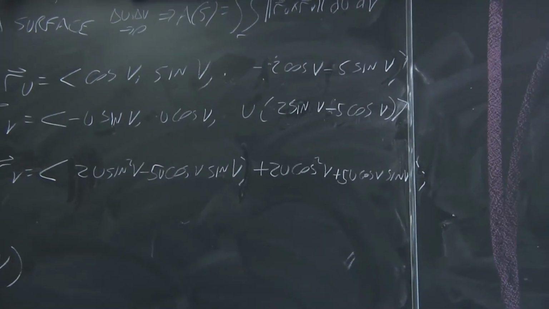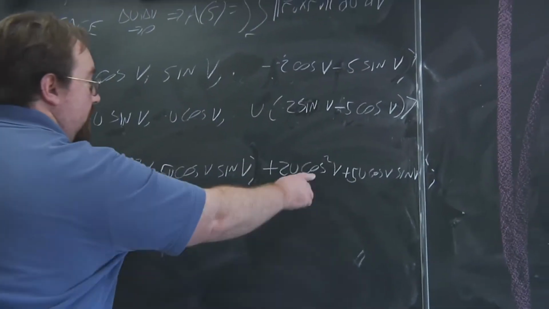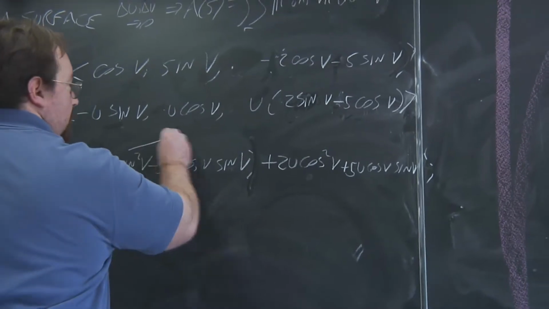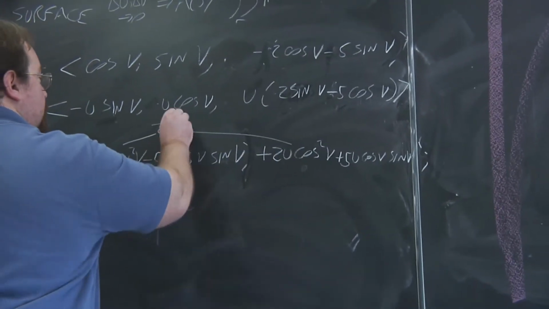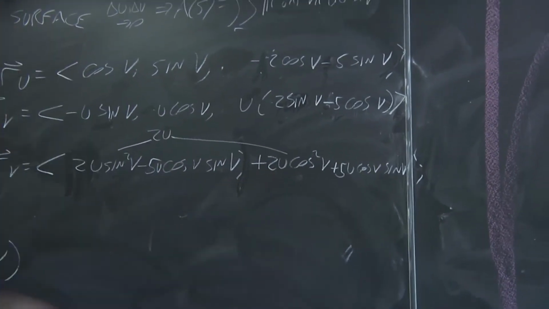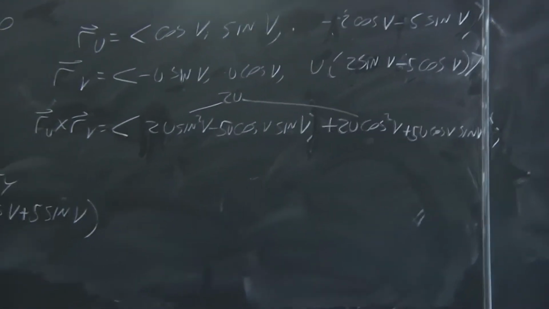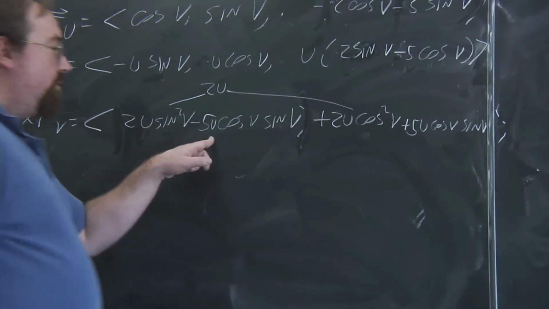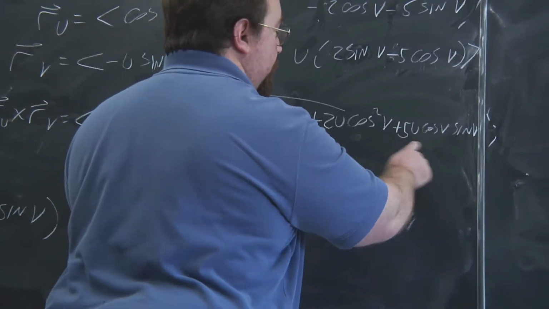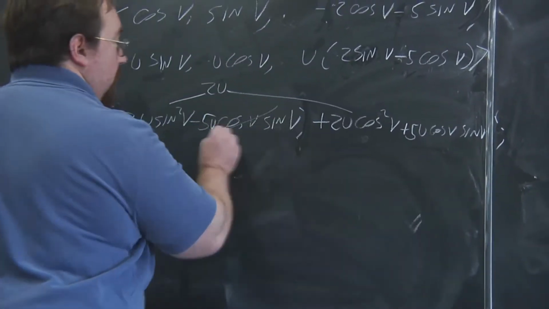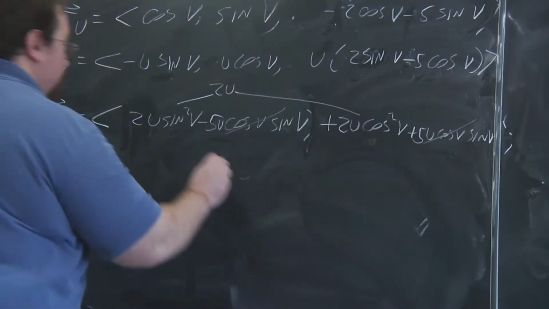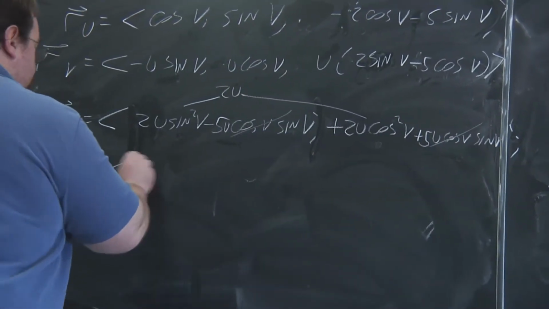Sine squared and cosine squared combine to make 2u, because you have sine squared here and cosine squared here. What else? We have minus 5u cosine v sine v here, and plus 5u cosine v sine v here. Gone, gone. So the first component is just 2u.